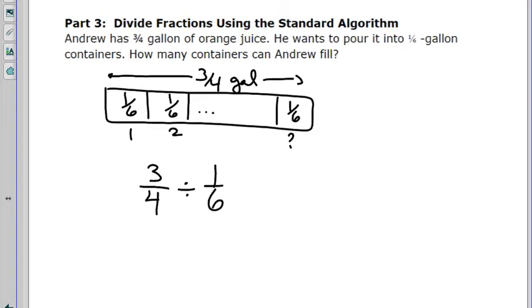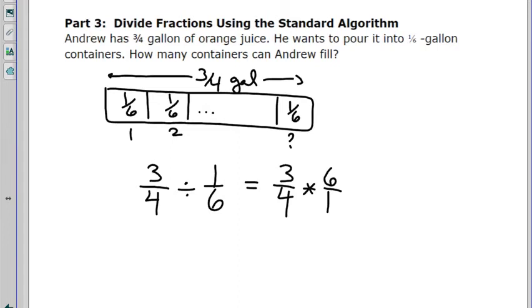As we learned in our last lesson, there was a pattern we discovered that dividing by 1/6 is the same as multiplying by its reciprocal. So this is equal to 3/4 times 6/1. And I can do some reducing before I multiply this.